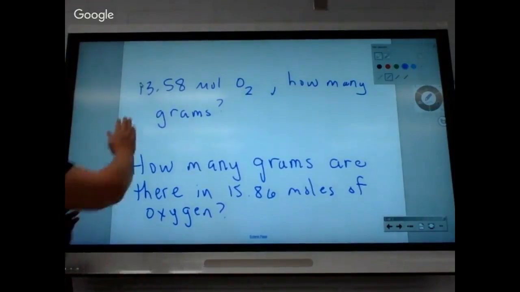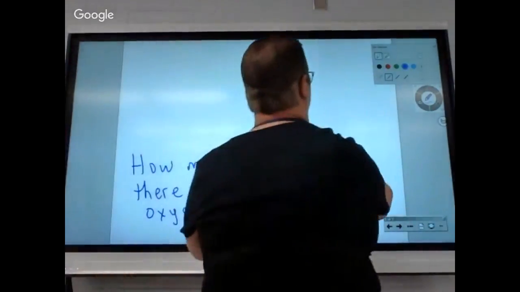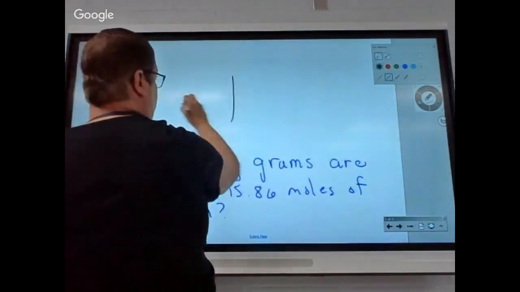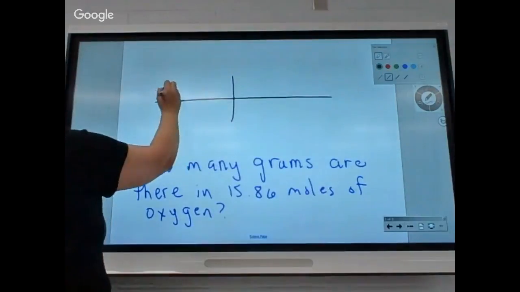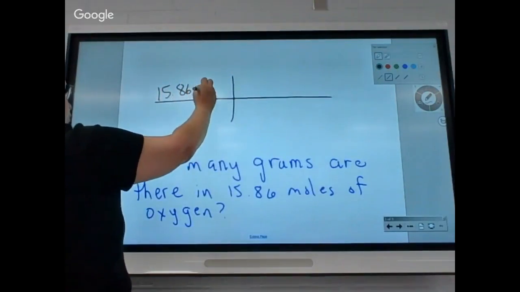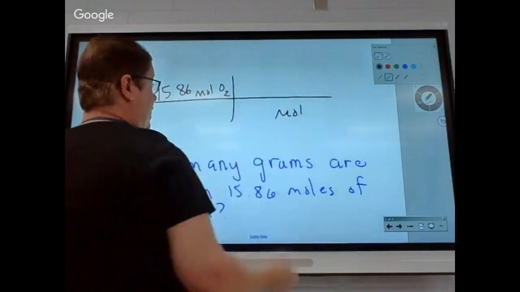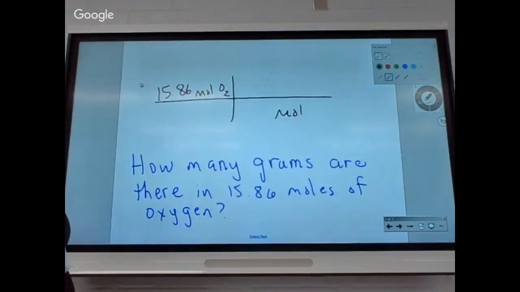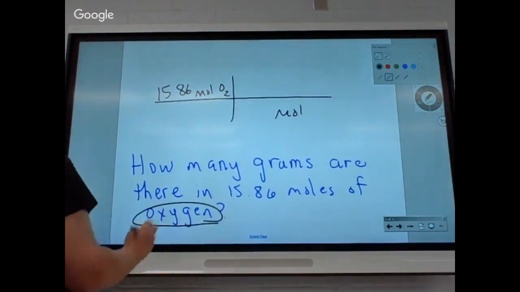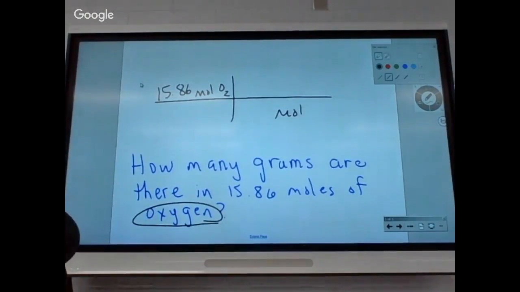Okay? So when you draw the chart, you put your 15.86 moles of oxygen on the top line. Moles, most of the time we didn't write the oxygen because how many compounds are in this question? There's only one. So are we going to be changing compounds here?